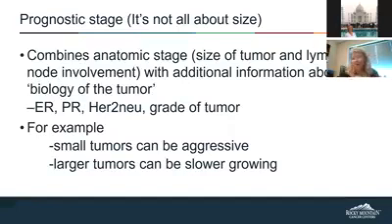Estrogen receptor positive, grade 1, low Ki67. So this prognostic staging, we're using it more and more, and it really gives us much more information about how this cancer is going to act, in addition to just the size and the lymph node status.